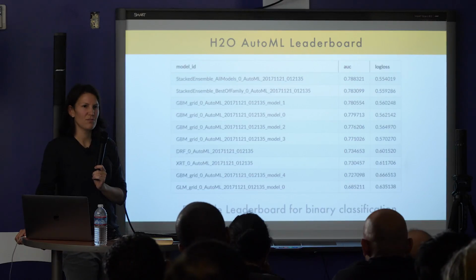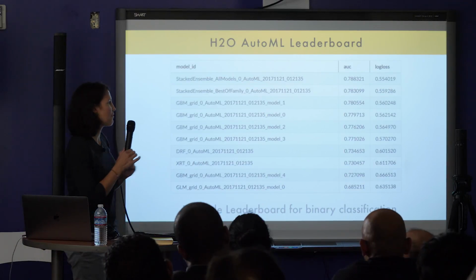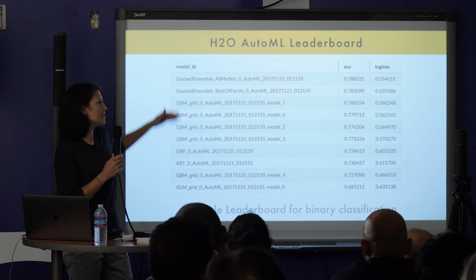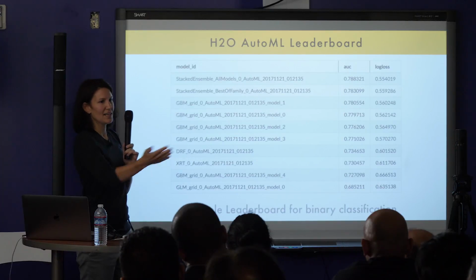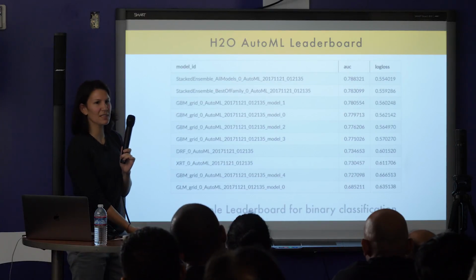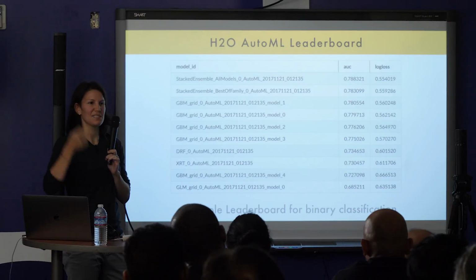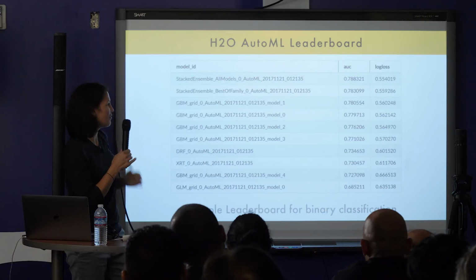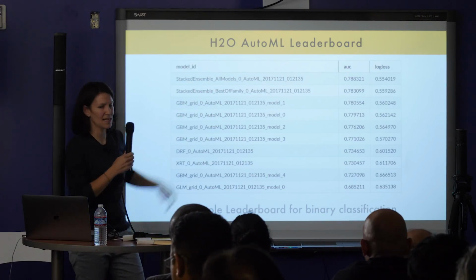Those of you who are familiar with Kaggle might have some sense of what this performance gain is, because on the Kaggle leaderboard you'll go out to like 4 decimal places, and there will be 100 slots on the leaderboard. So people are just fighting over those 4th and 5th decimal places to win. So this is actually a pretty significant improvement from this single model to the stacked ensemble in that context.